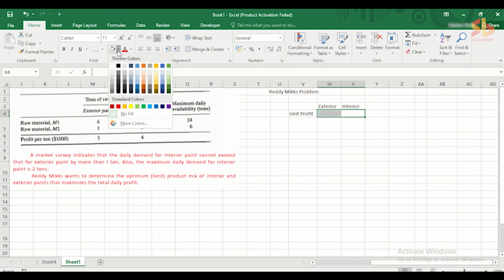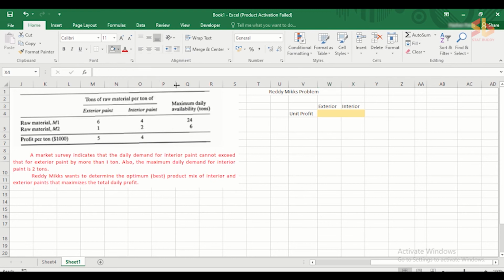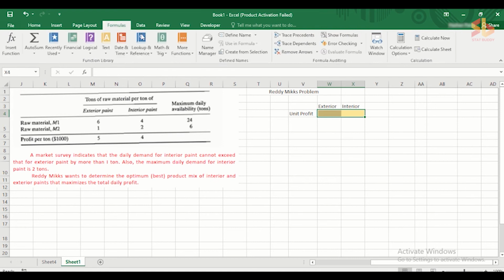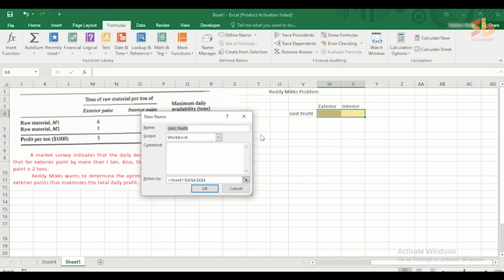It is better to mark those things in a different color. At the same time, it's better to name those two cells, that cell range, using a proper name.